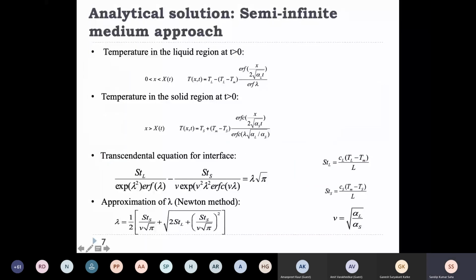So if you use that semi-infinite medium approach, then you can find the temperature distribution in the liquid phase, the temperature distribution in the solid phase, and also you can write the equation for interface movement.